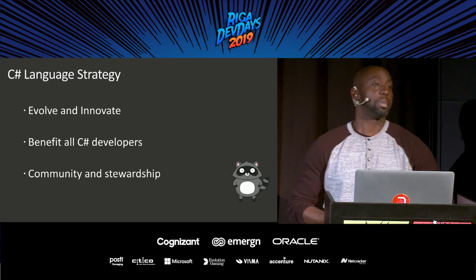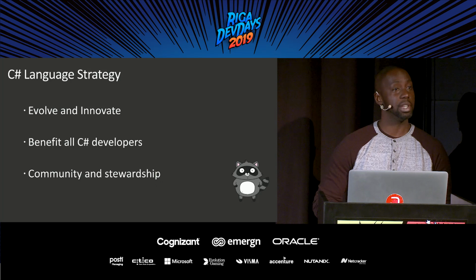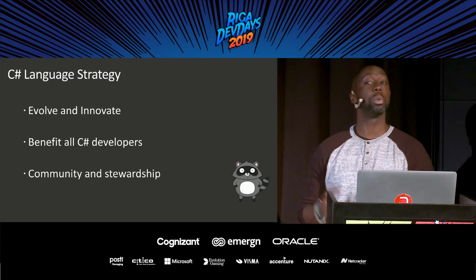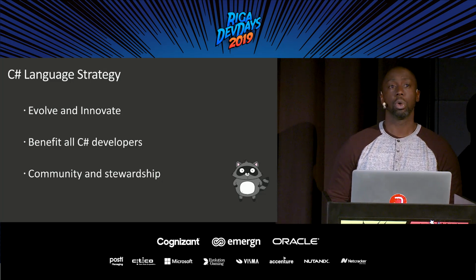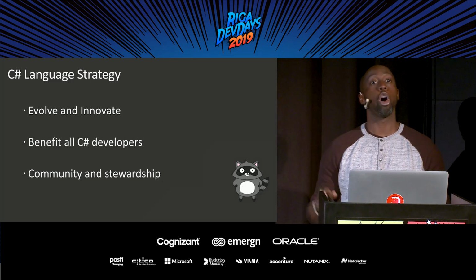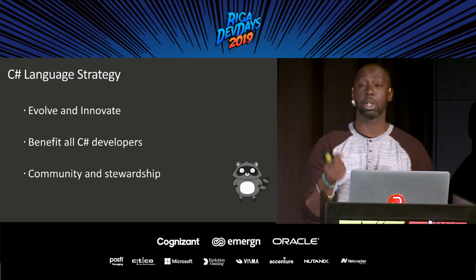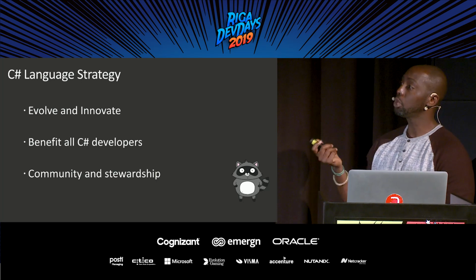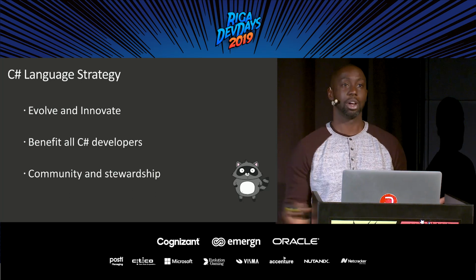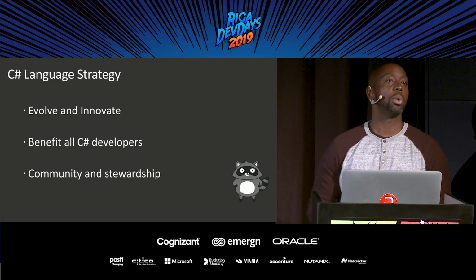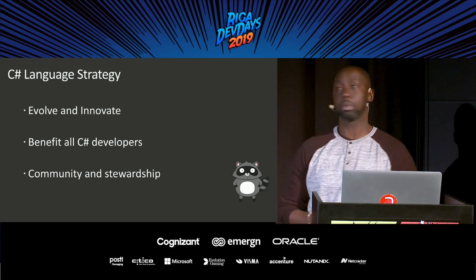If you think about C Sharp today, we can run C Sharp on IoT devices, we can run it in the cloud, we can run it on mobile phones. You could do Unity games if you're building anything with Unity. So they try to create features that will be good for all developers and not just focus on one particular use case. And then also, now with .NET Core being open source, with Roslyn being open source, with a lot of these tools being open source, they want to have more community involvement inside the process.